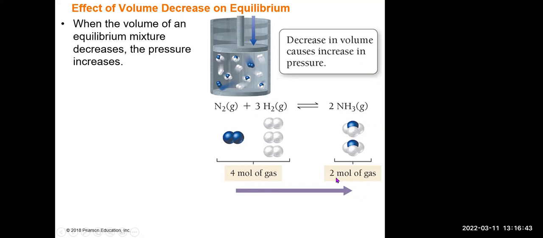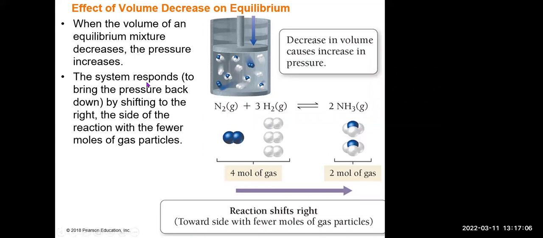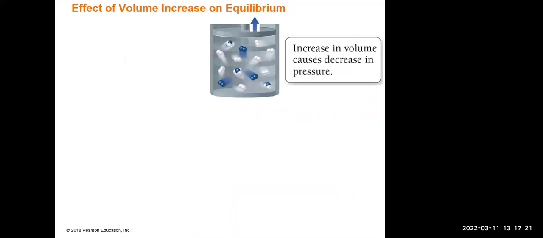It can reduce the pressure by shifting to the side that has less gas, because we saw on the last slide that the pressure is proportional to how much gas it has, which was represented by the variable n, the number of moles of gas. So again, the system responds to bring the pressure back down by shifting to the right for this particular reaction, the side of the reaction with fewer moles of gas particles. And conversely, if you increase the volume, then the pressure will decrease.